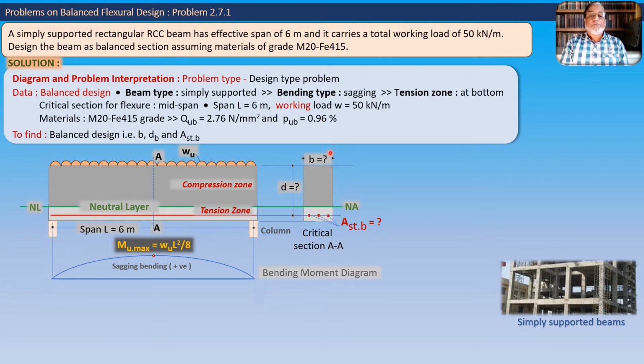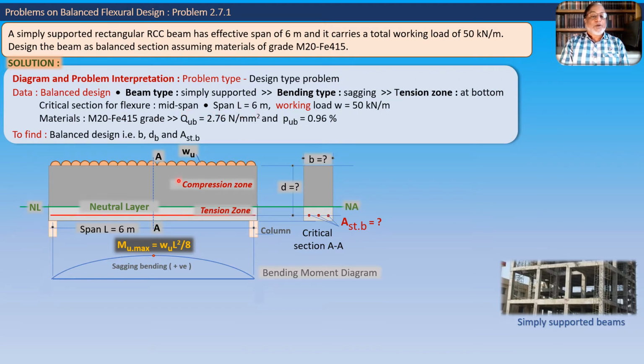Here we see width B, the effective depth small d, and AST as the bars of reinforcement. We know that there is a tension zone at the bottom and therefore we provide the steel reinforcement at the bottom. We don't know how many bars we will require, so we are just showing 3 bars as a sample. The critical section for flexure is midspan.